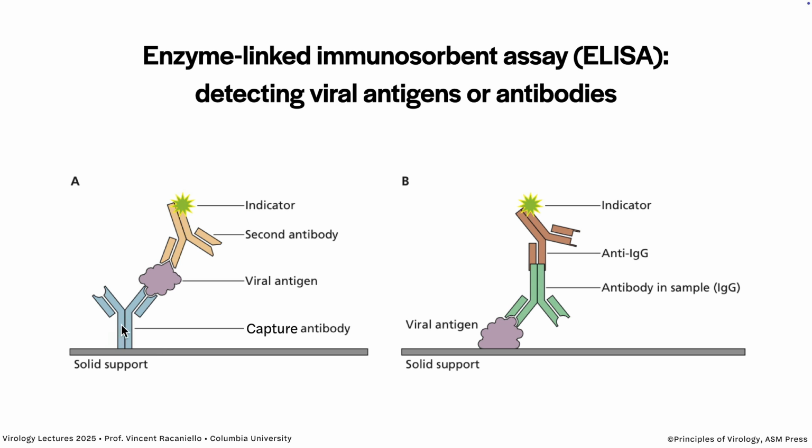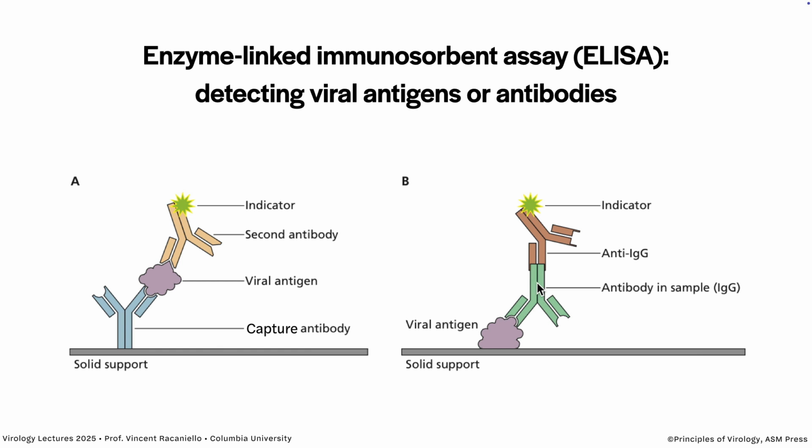So the first antibody is called the capture antibody. And the second antibody is used for detection. So again, that's looking for viral proteins. On the right, we're looking for viral antibodies. So in this case, you put the viral antigen on the plastic. And then you can put your sample on the plastic.